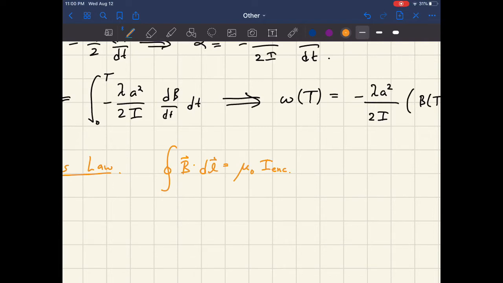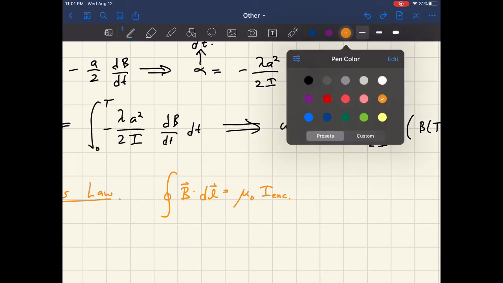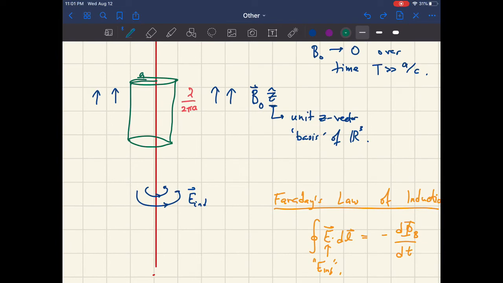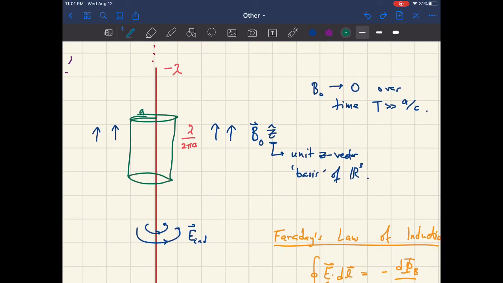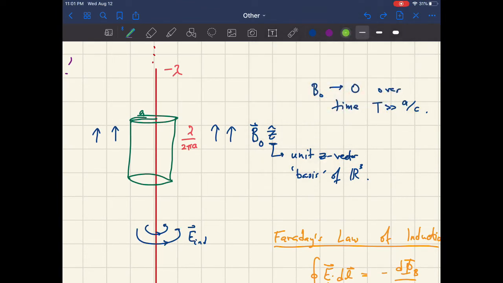And in order to find this line integral, we have to choose a proper contour, a proper loop for us to integrate upon. So what exactly should that contour be? If you remember, maybe from your AP Physics C class, what was the contour that you used when learning Ampere's law?